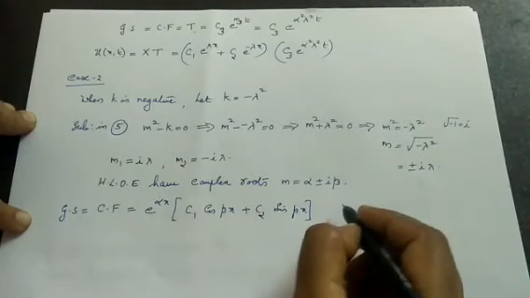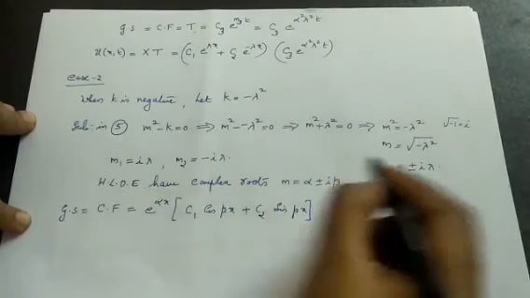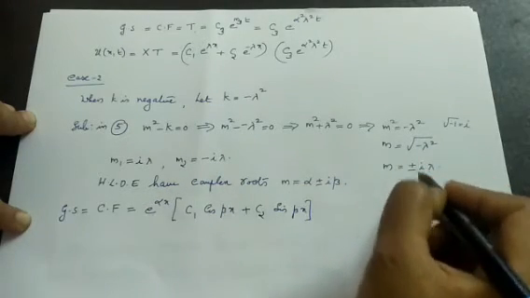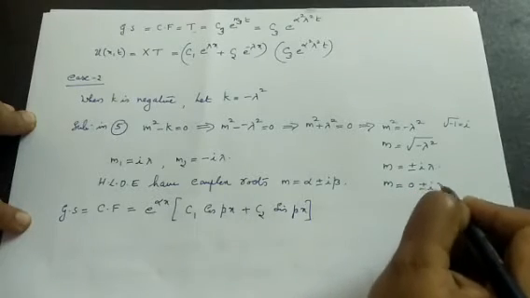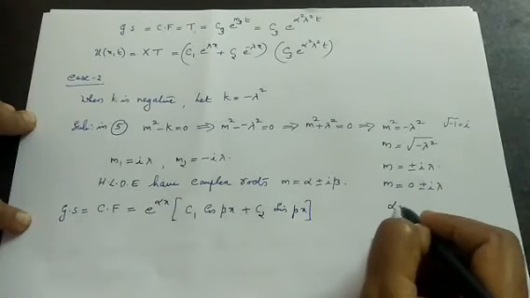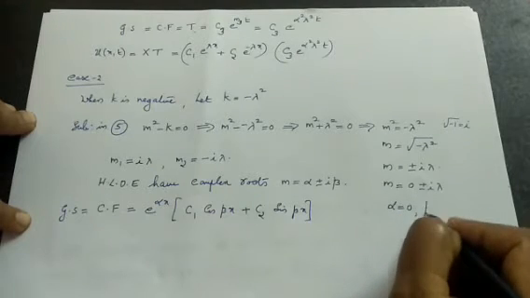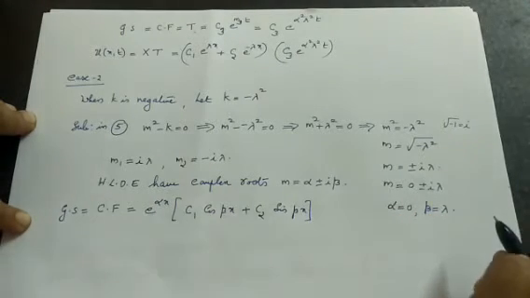In this case, this can be written as 0 plus or minus i lambda. Therefore, we have alpha is 0 and beta equal to lambda.